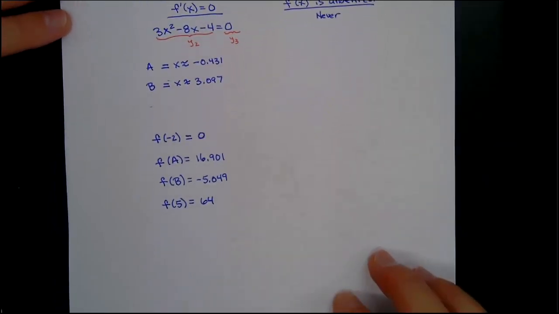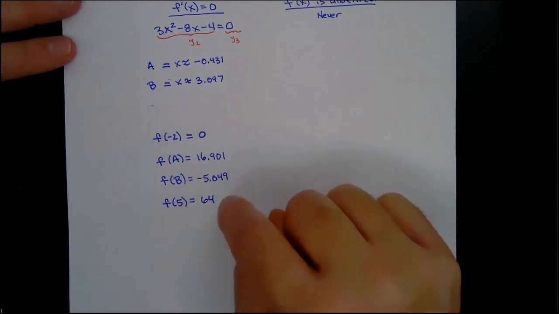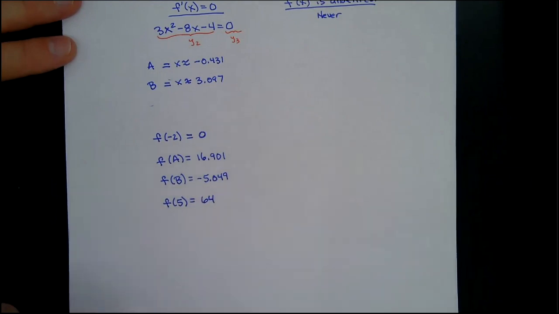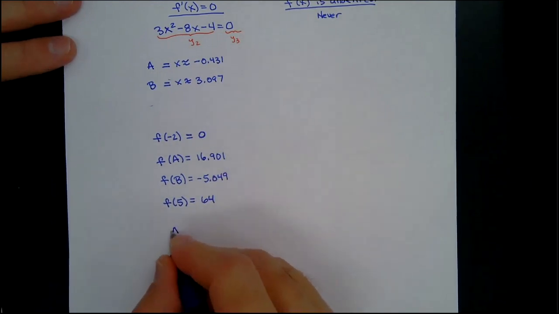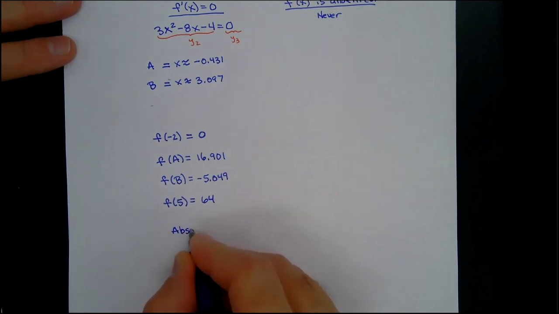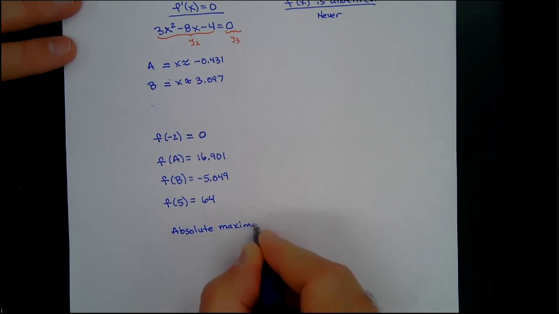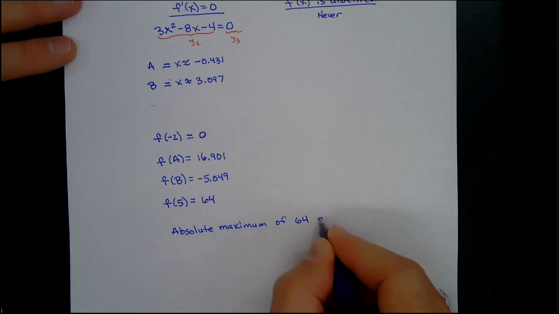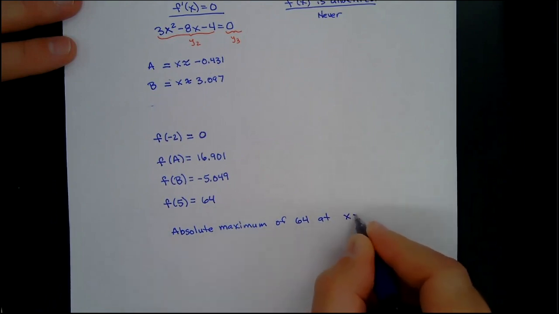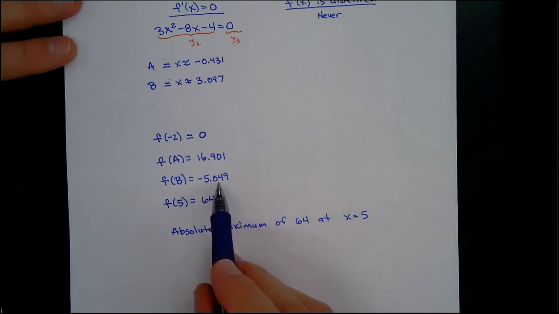Okay, so on my paper, I have these 4 values, right? And the 64 is the largest, okay? So that tells me that's the absolute maximum. So we have an absolute maximum of 64 at x equals 5. And then the minimum is this -5.049.